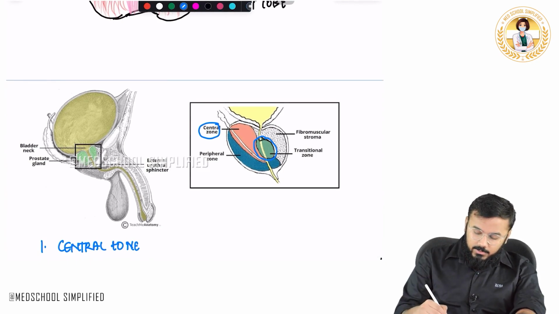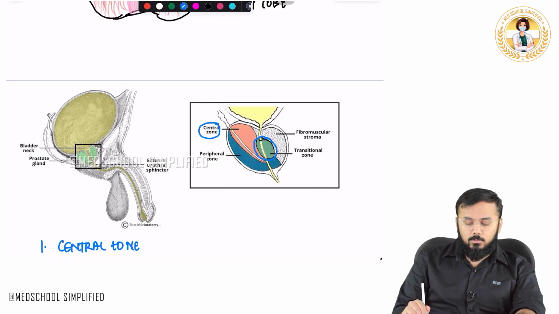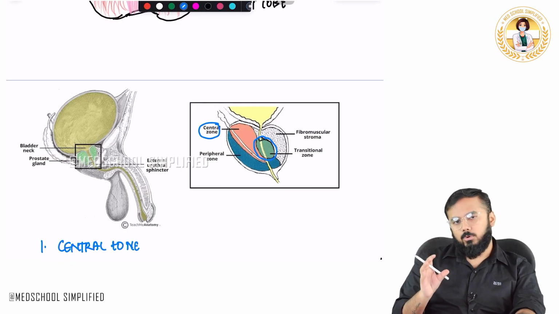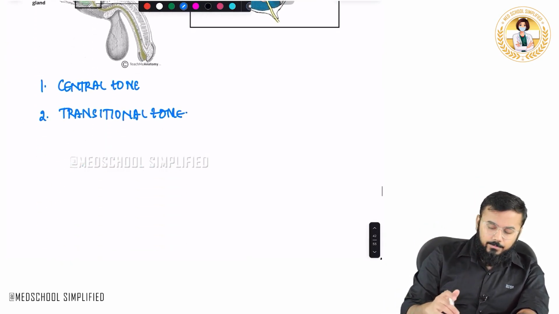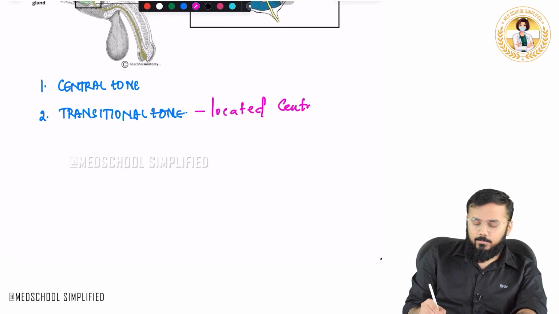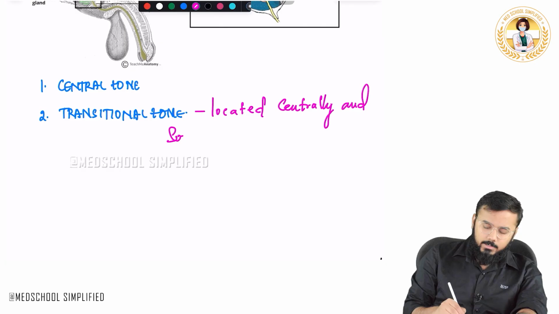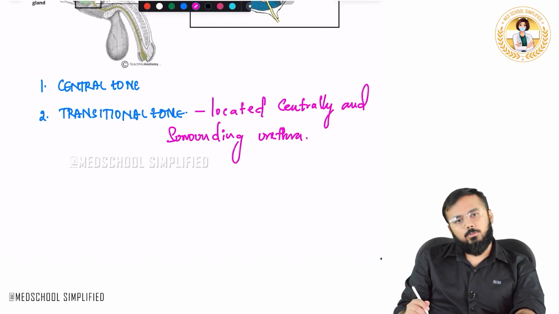In the center of this green zone, a yellow pipe is passing, which is called the urethra. This zone is located centrally and completely surrounds the urethra.